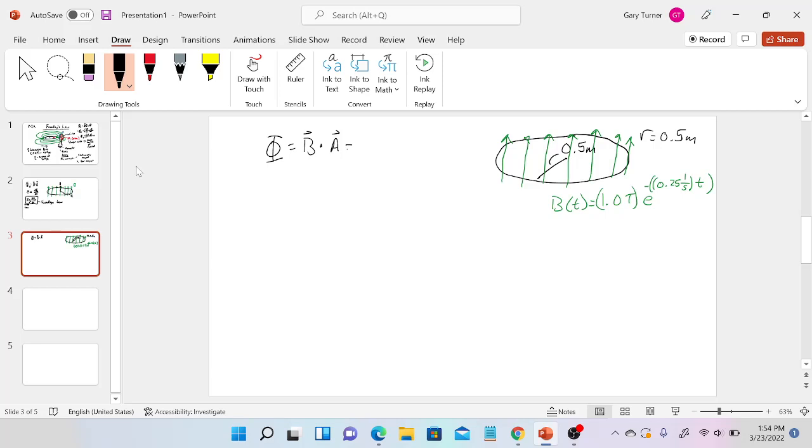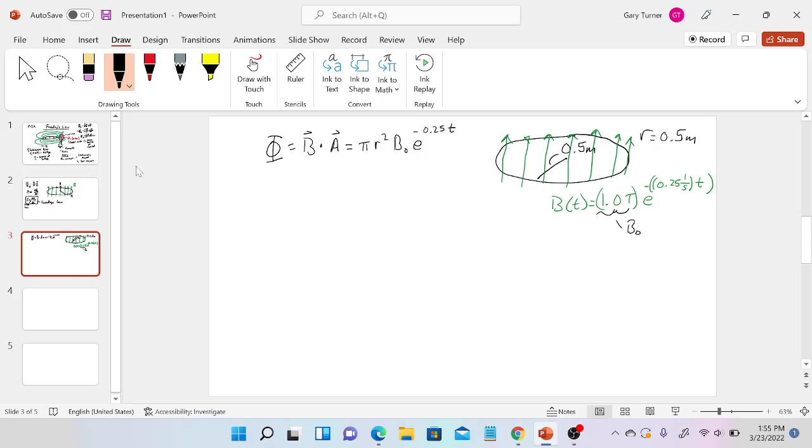And this is going to be pi r squared, and to keep everything in symbolic form, I'm going to label this 1 Tesla coefficient as B naught, right? So this is going to be pi r squared B naught e to the negative 0.25t.